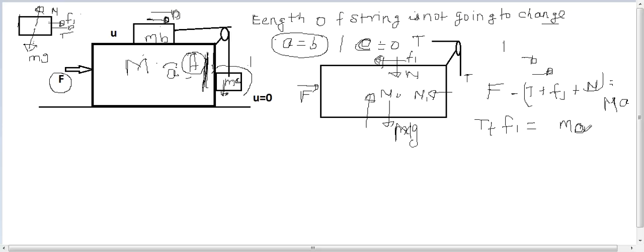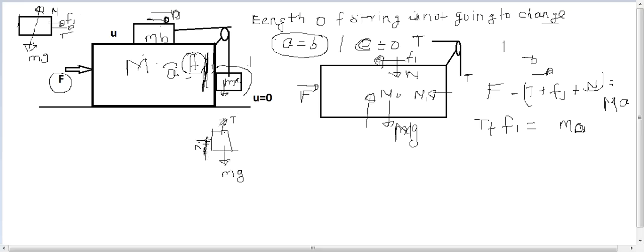Now if you draw the free body diagram for this, what do I get? Mg, this is T, and let's suppose here this is N1.